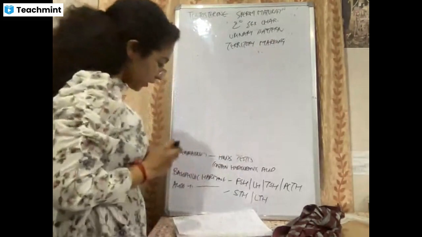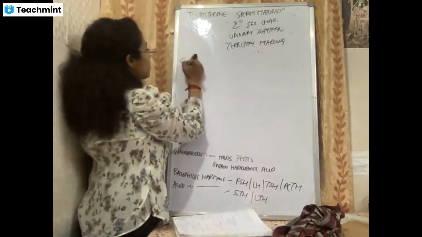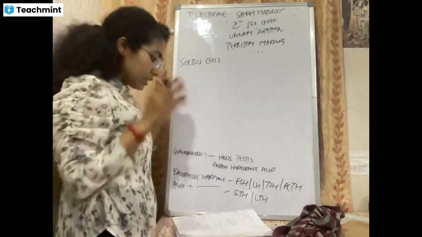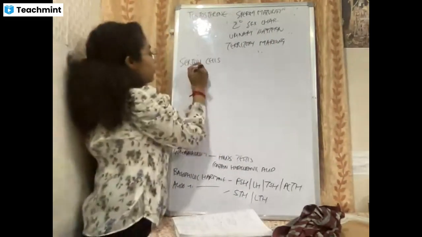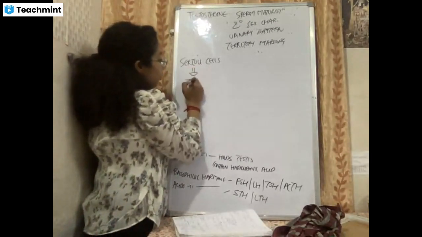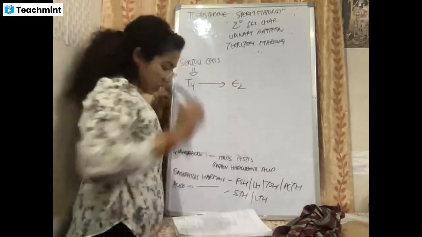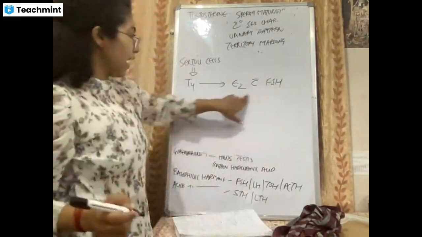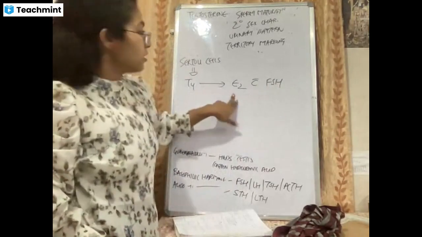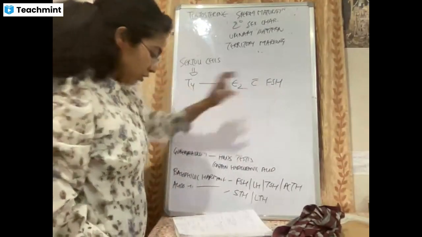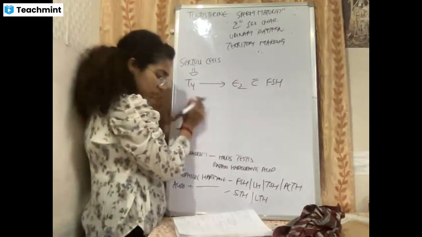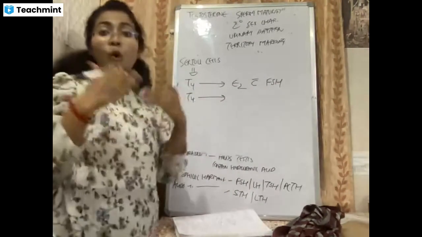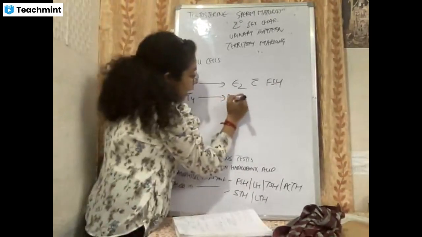Okay. Now we have the next, that is the Sertoli cells. We'll study a little about Sertoli cells also. These Sertoli cells are involved in the conversion of testosterone to estrogen, mediated by FSH. This reaction, conversion of testosterone to estrogen, is mediated by the FSH hormone. Secondly, here the testosterone is also converted into a more potent form, that is dihydrotestosterone.